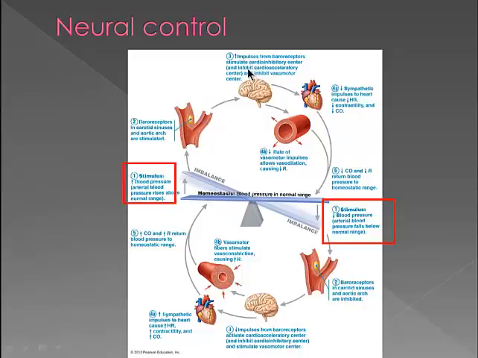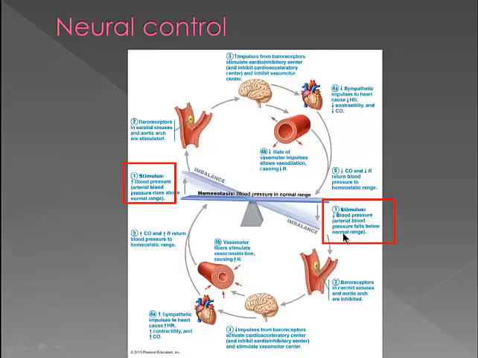What they do is they inhibit the cardioacceleratory center and the vasomotor center, but stimulate the inhibitory center, so that there is relaxation or vasodilation of the blood vessels. Sympathetic impulses are decreased, heart rate, contractility decreases, cardiac output decreases, so your blood pressure comes to normal.